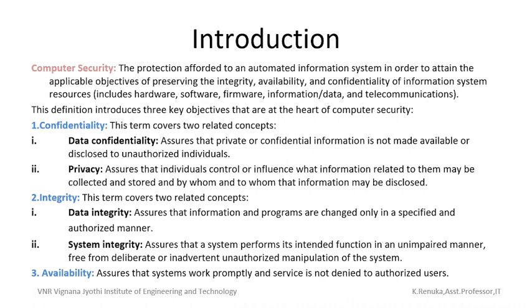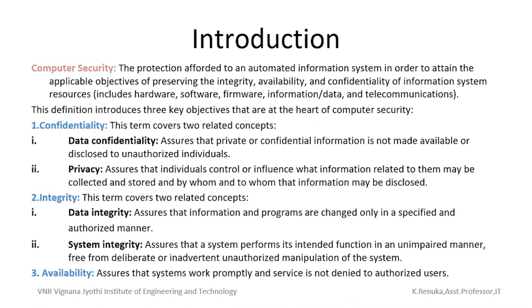Data confidentiality assures that private or confidential information is not made available or disclosed to unauthorized individuals. Privacy assures that individuals control or influence what information related to them may be collected and stored, and by whom and to whom that information may be disclosed.